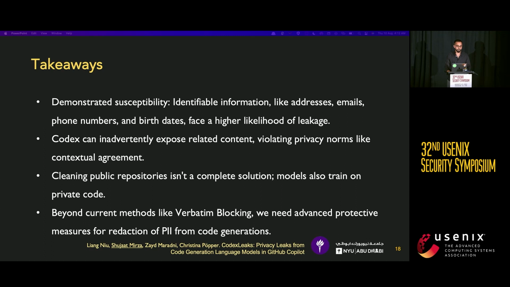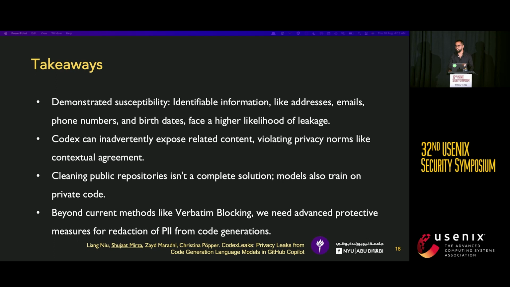We reveal that identifiable information like addresses, email addresses, phone numbers, and birth dates face a higher likelihood of leakage. Codex model tends to release related information about other individuals in the same code file that we are querying for, which poses privacy threats as contextual integrity.